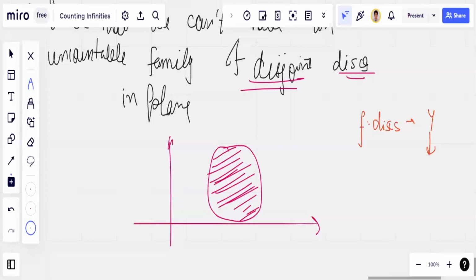Someone says a function that relates to the area of the circle. Okay, think about it this way. If it was something with the area of a circle, I could have just given you that there are disjoint circles instead of disks. So there must be some use of this. A circle is a subset of a disk, right?